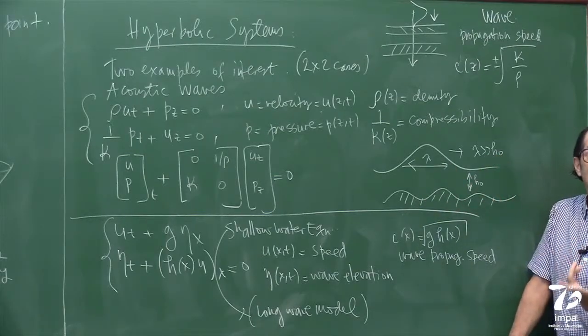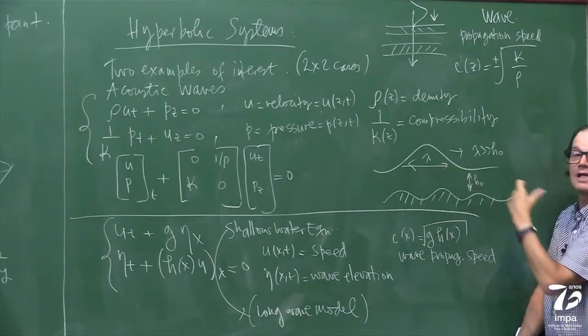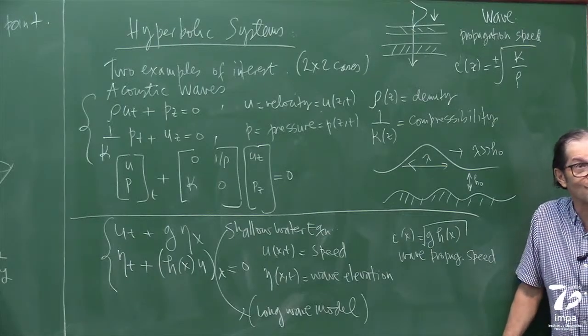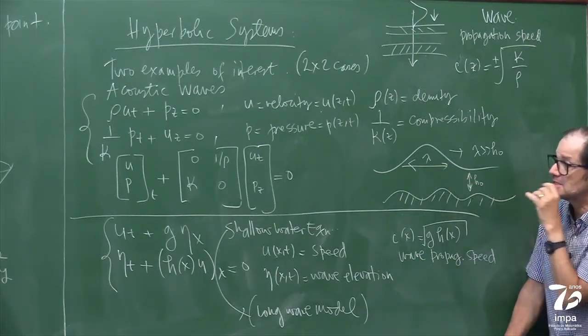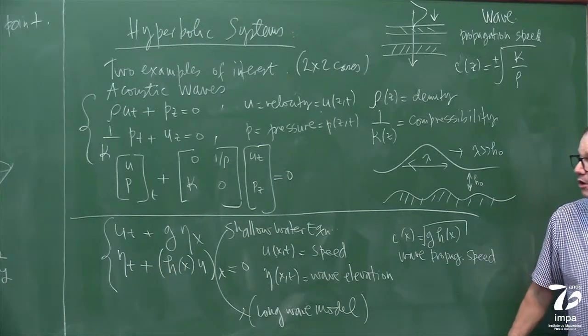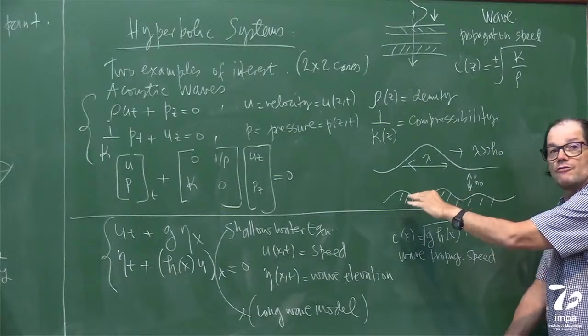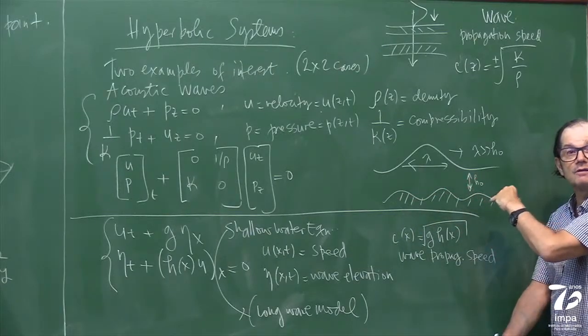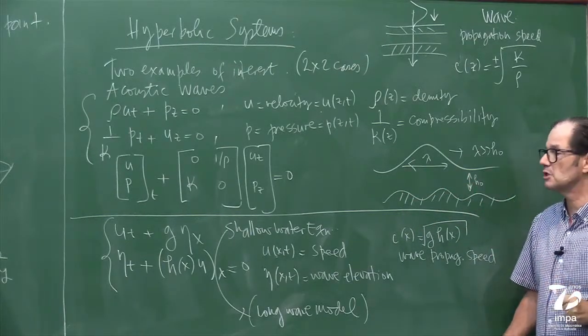That's why it's called a long wave model, because, like, tsunamis are a long wave model. This is probably the simplest model for a long wave with variable topography, which means the depth is varying. How does this come into the equation?